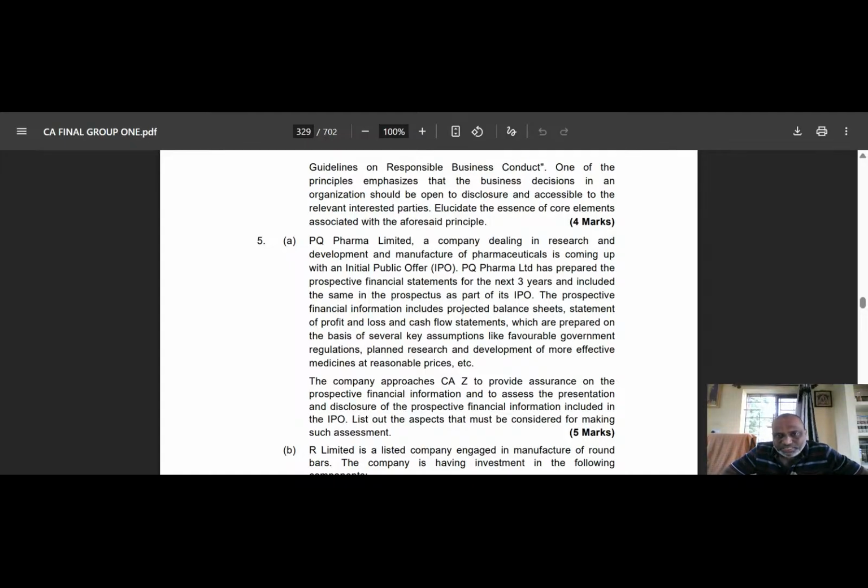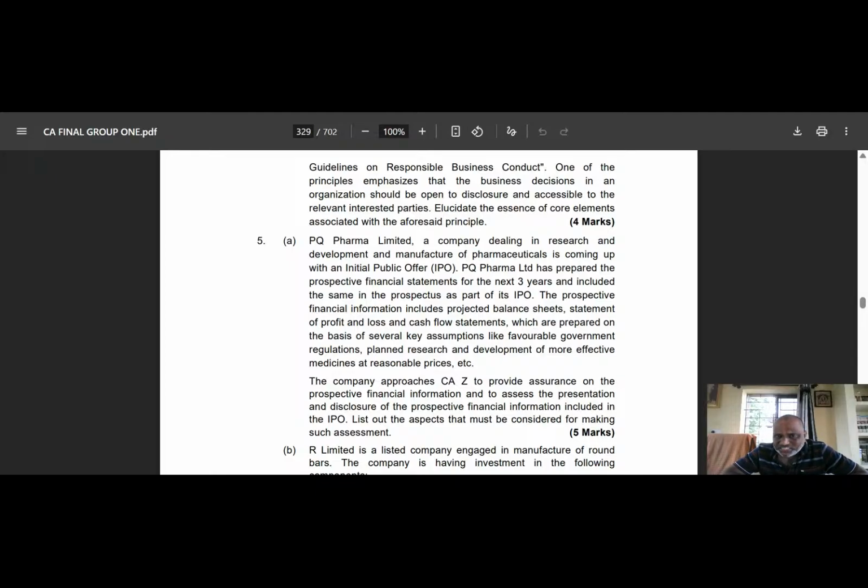PQ Pharma Limited, a company dealing in research and development and manufacture of pharmaceuticals, is coming up with an initial public offer, IPO. PQ Pharma Limited has prepared the prospective financial statement for the next 3 years and included the same in the prospectus as part of its IPO.